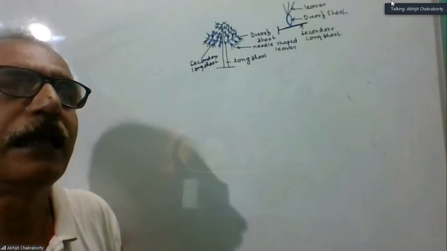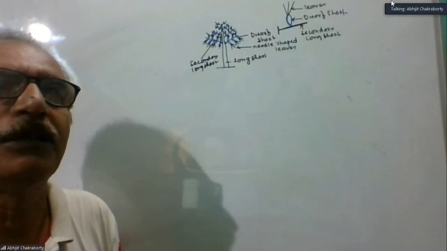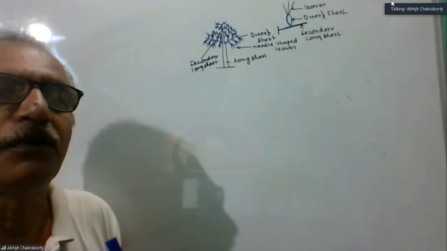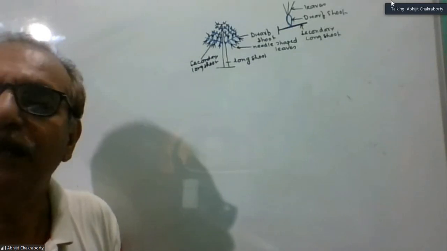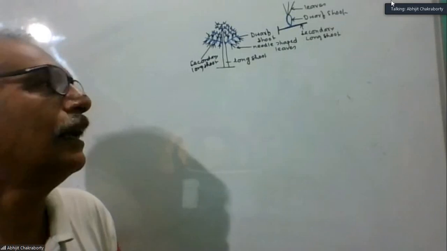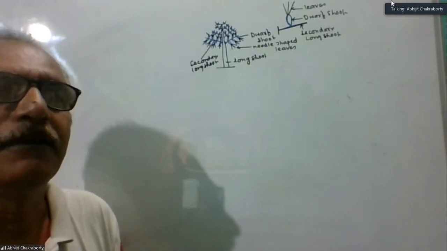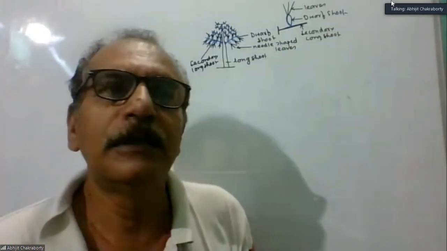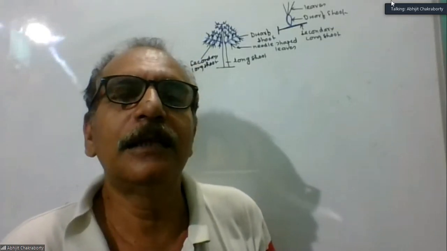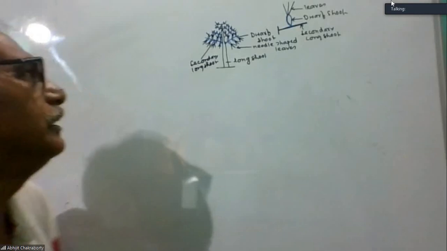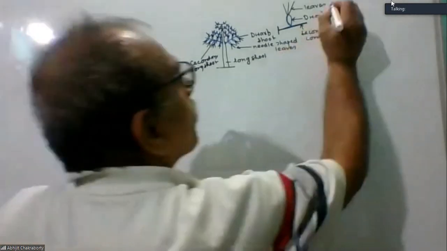Second, the leaves are found to be covered with cuticle. Cuticle also protects the leaves, and it prevents transpiration to some extent. Thirdly, in their leaf, stomata are found deep-seated, much more inside the leaf, and such stomata are called sunken stomata.